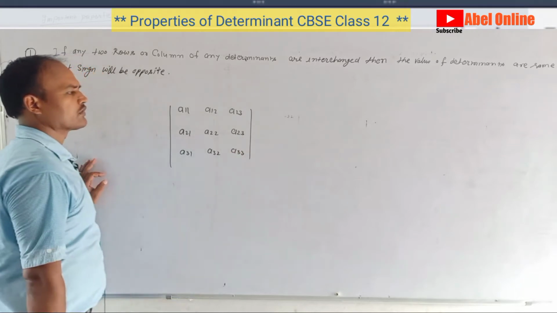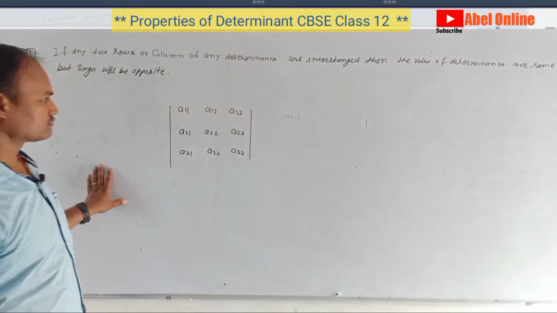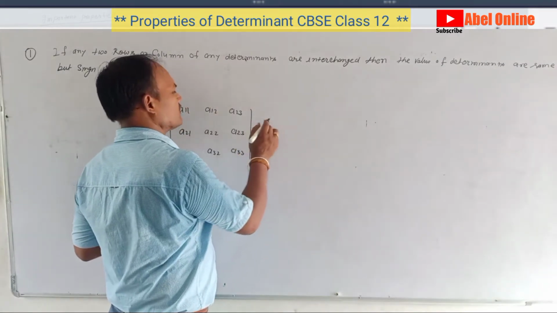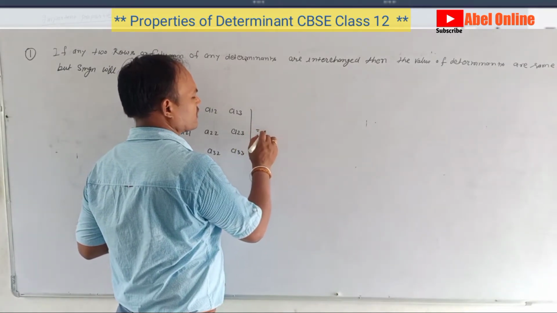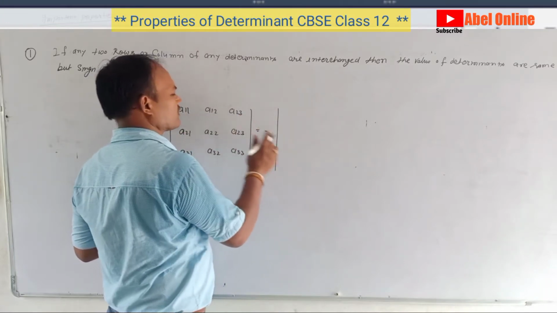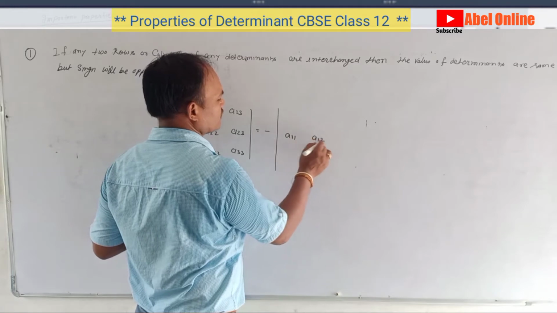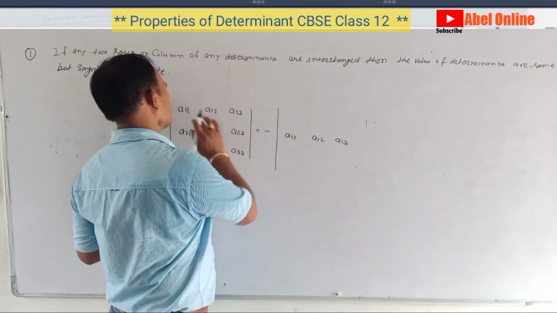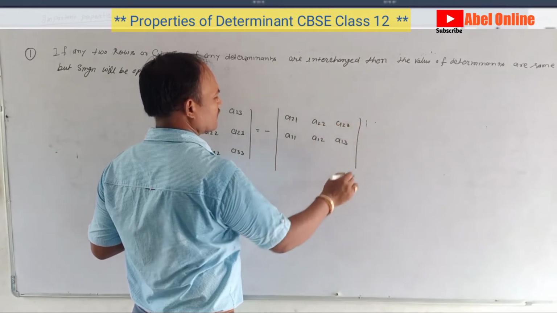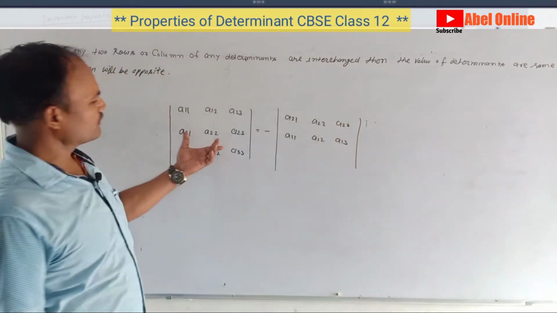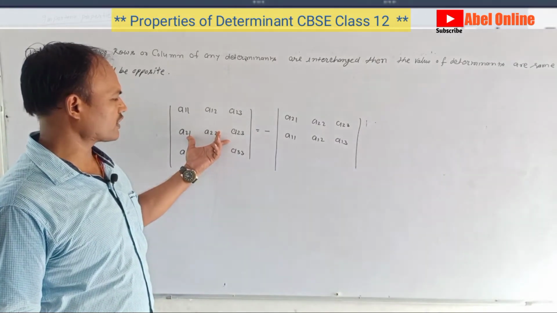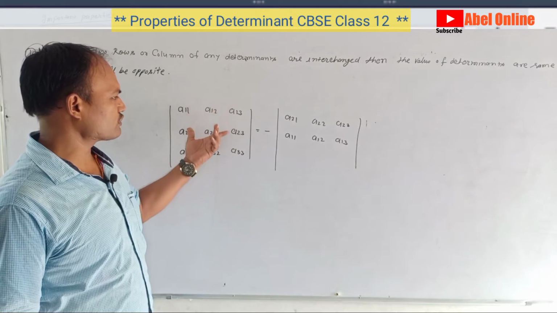Now we change it: the first row is converted to the second row and the second row to the first row.